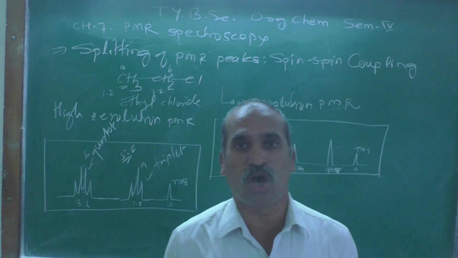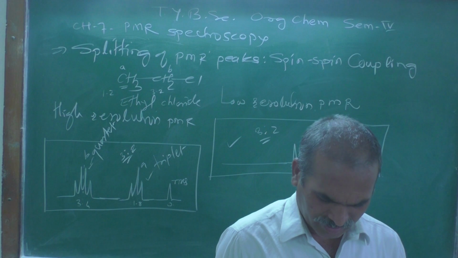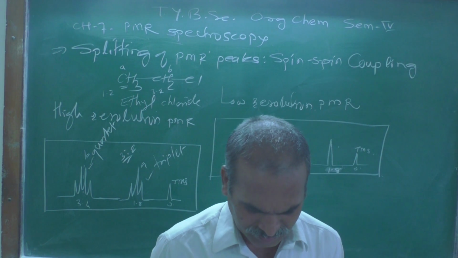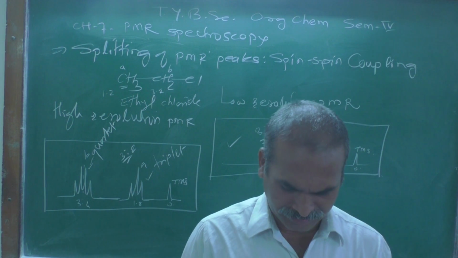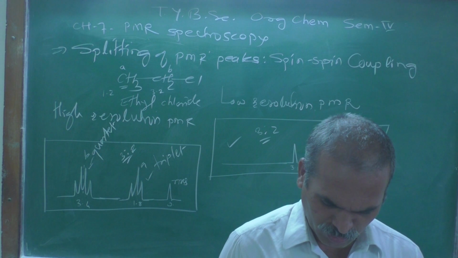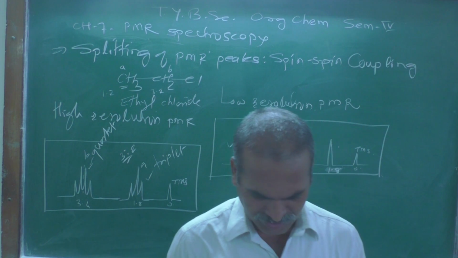The splitting occurs in such a way that the average value of the chemical shift does not change, and the total area ratio also does not change.